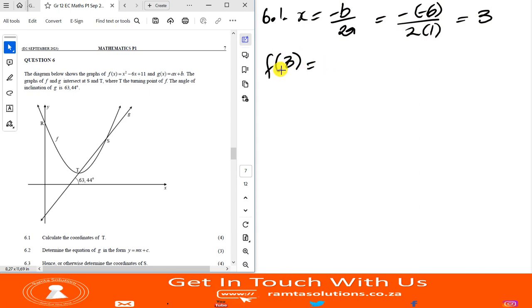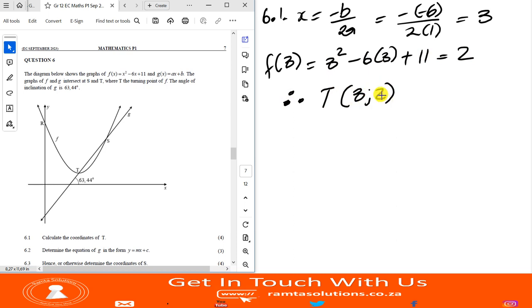Where there's x in f of x, you put 3. 3 squared minus 6 into 3 plus 11. This will give us 20 minus 18, which gives us 2. Therefore, T has coordinates 3 and 2.